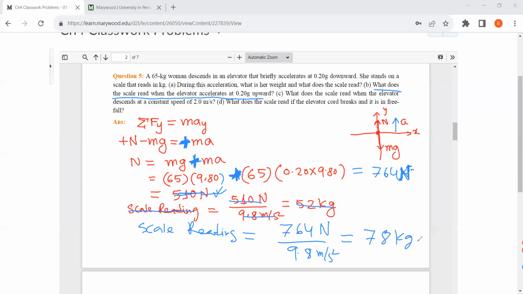So when the elevator is accelerating upward, you see that it is higher than the regular mass. Her mass is 65 kilogram. When the elevator is accelerating downward, her mass is less than the regular mass. When the elevator is accelerating upward, her mass is higher than the regular mass.